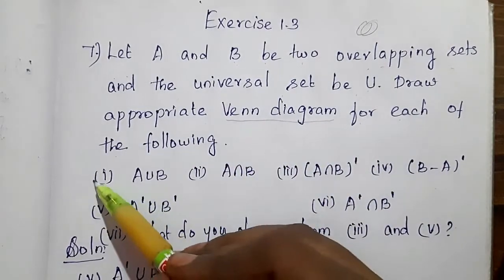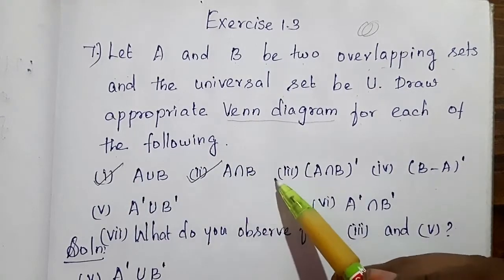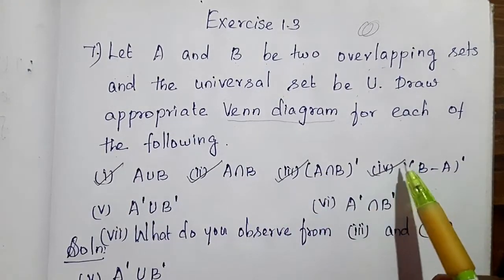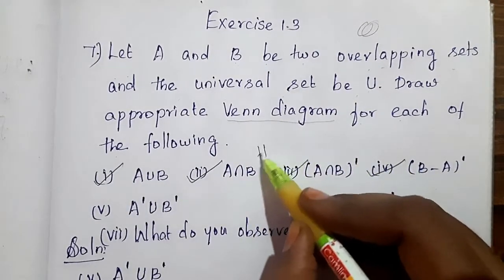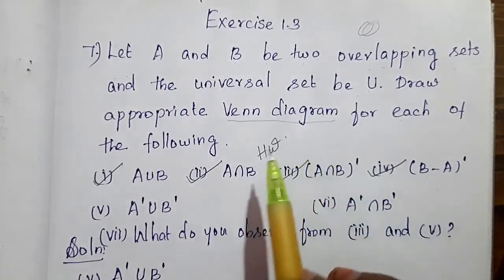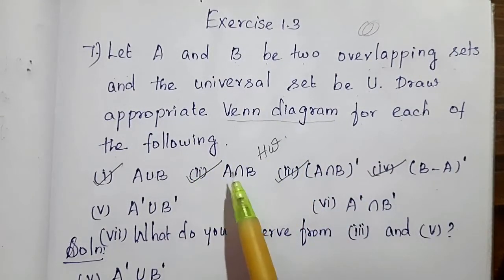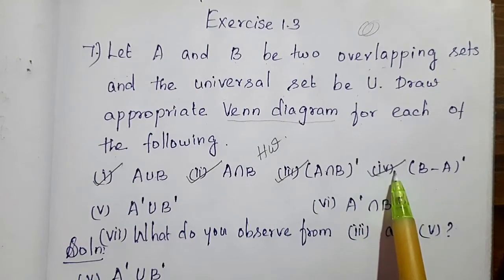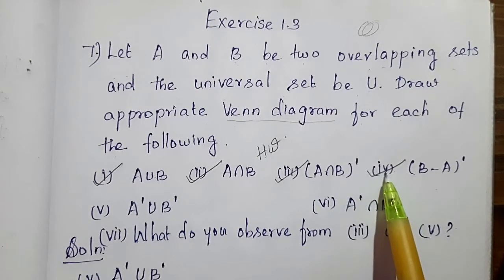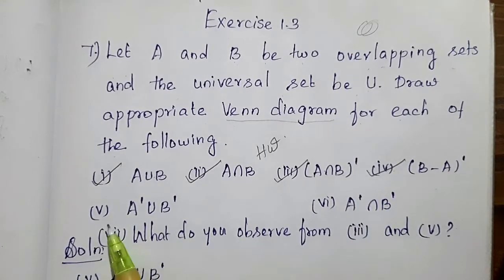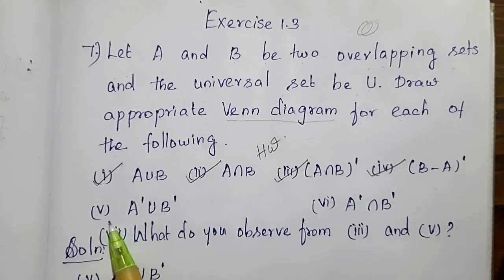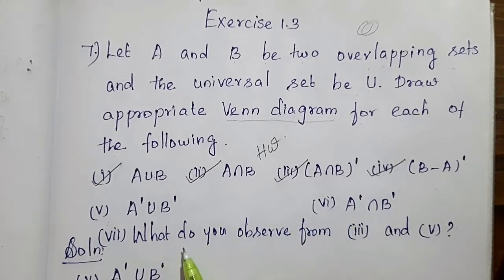Here the first, second, third, and fourth parts are homework. Both are simple. This third and fourth are similar to the example problem. Now we can do the fifth, sixth and seventh parts.